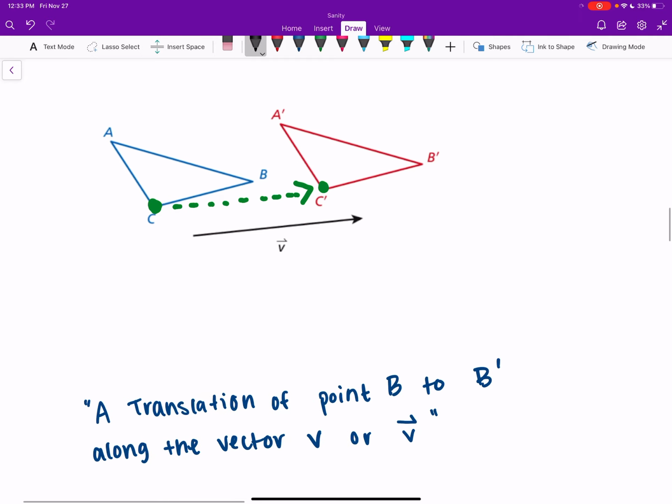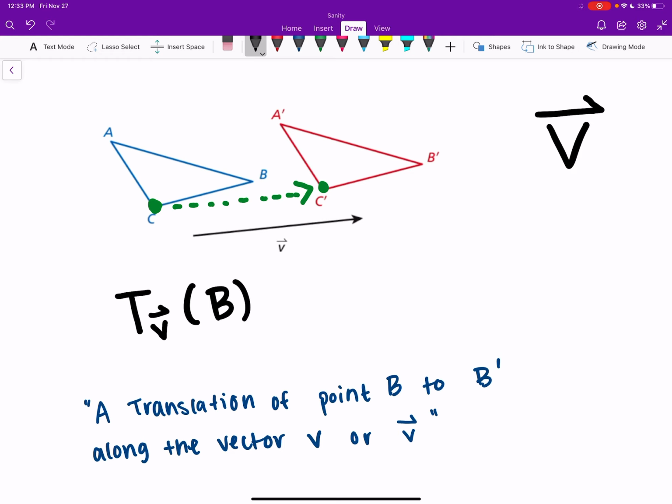All right, and basically what I'm going to do here is add some notation to help us describe this. So I could say translation for T, this is called our vector notation. Let's say we translate point B, and I'm going to put a subscript here. We're translating using vector V, and we like to draw our vectors kind of like when we did lines and rays.